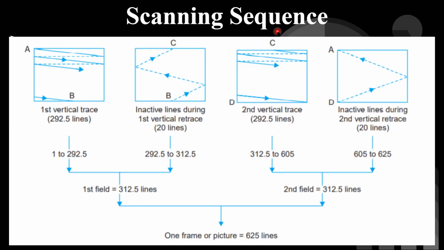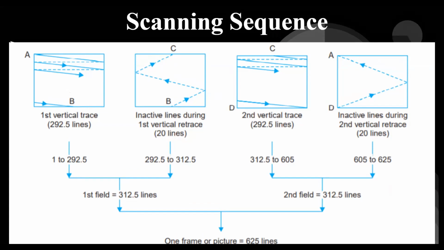The rest of the lines are kept for inactive lines due to the vertical retrace version. So therefore trace and retrace periods are done. Therefore the perfect synchronization is made at the end of the line. So therefore you are able to view the picture very comfortably.